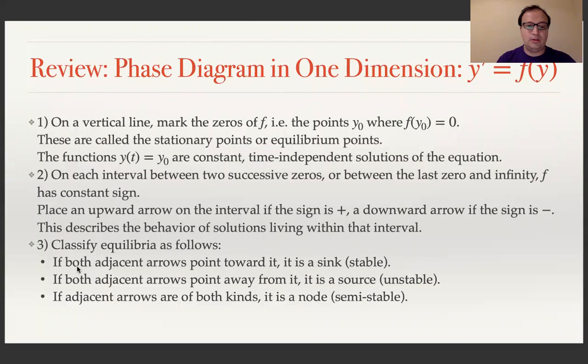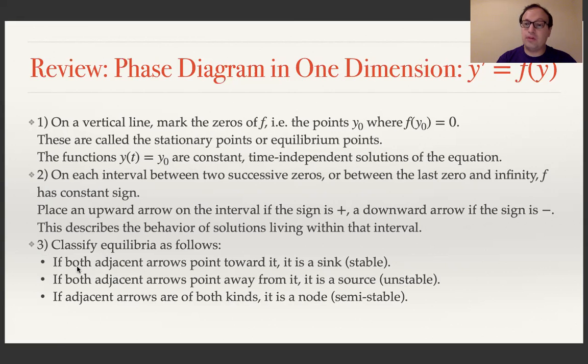Next, we look at the equilibrium points themselves. So each equilibrium point has two neighboring arrows from the two intervals that border it. And if both of these arrows point towards the equilibrium point, then it is called a stable equilibrium or a sink. If both arrows point away from it, it is called an unstable equilibrium or a source.